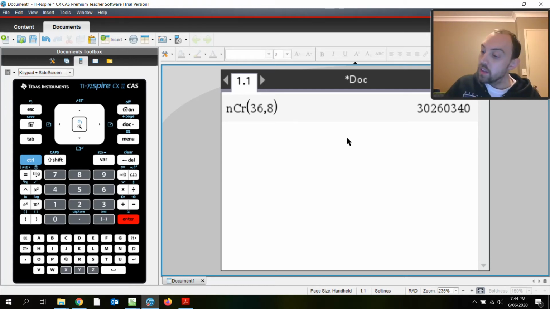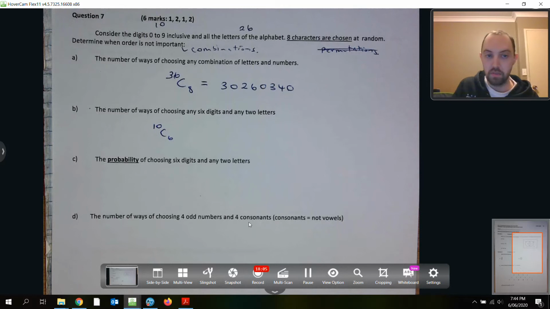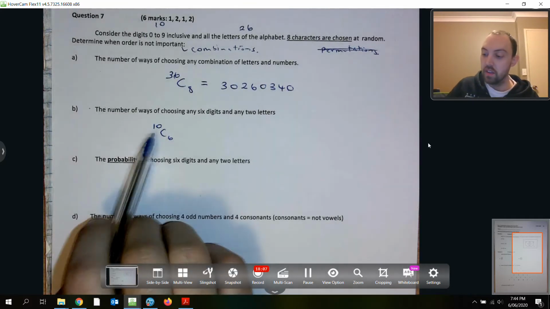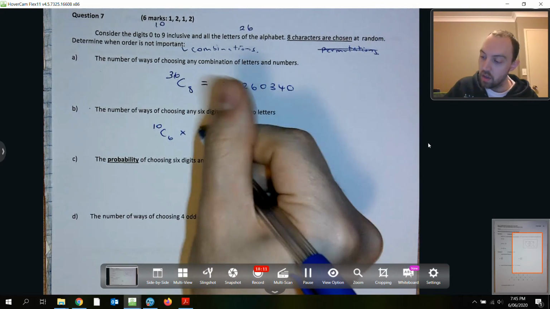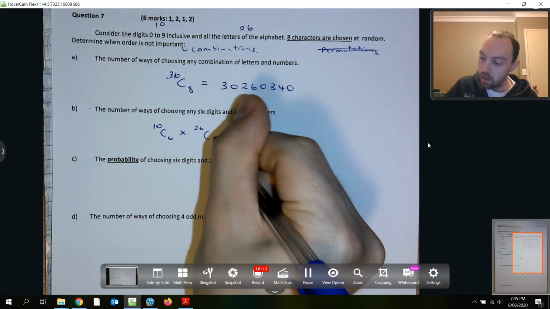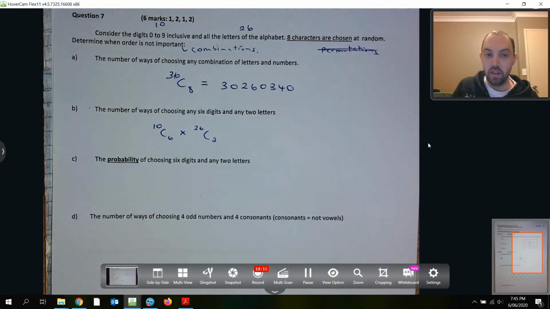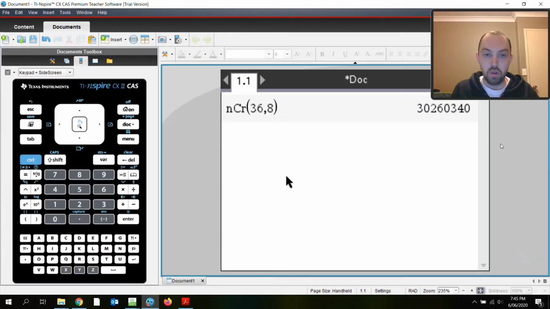Part B, the number of ways of choosing any 6 digits and any 2 letters. So we're going to choose 6 of my 10 digits and 2 of my 26 letters. Let me switch back to here.